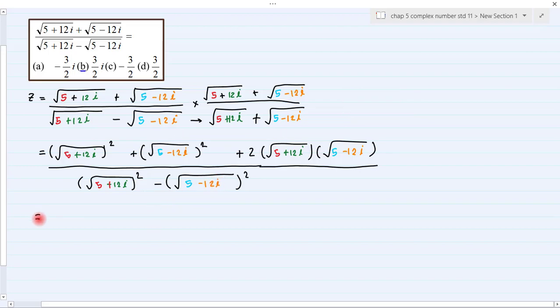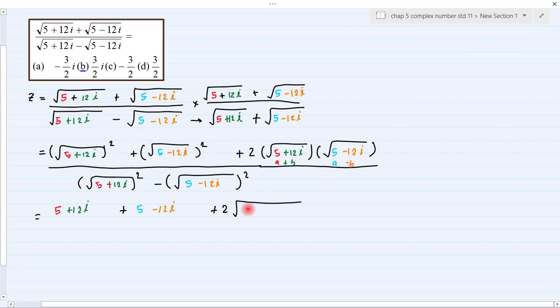In further simplification, we can say square and root will cancel out and we will get 5+12i, plus in the second term we will get 5−12i, plus 2 times we have √ of (a+b)(a−b).